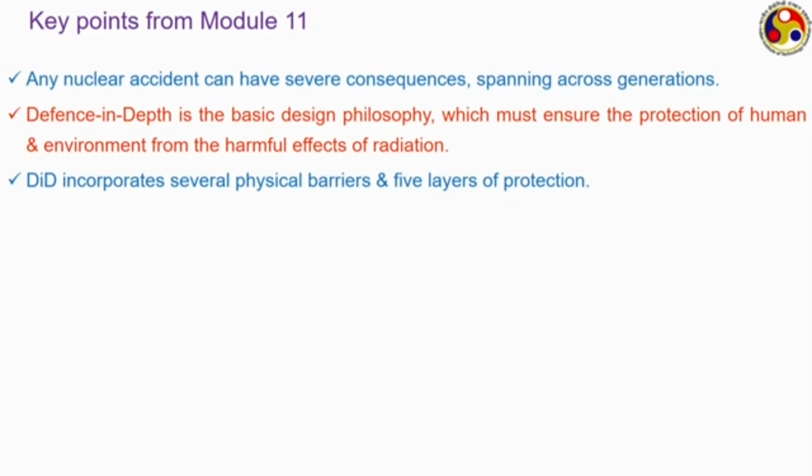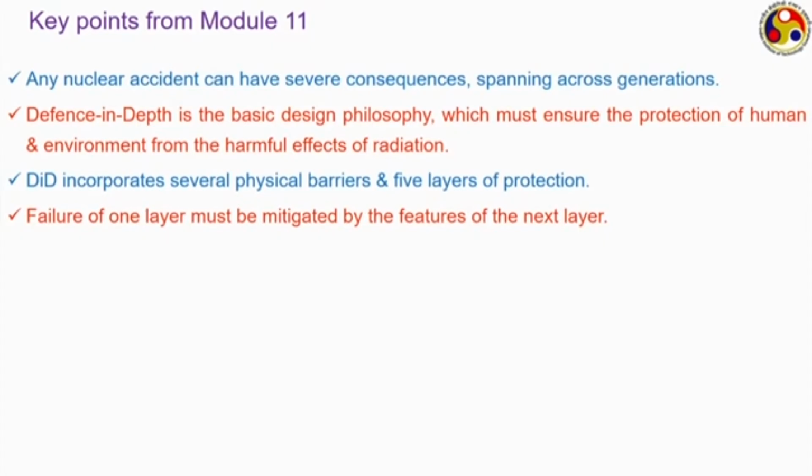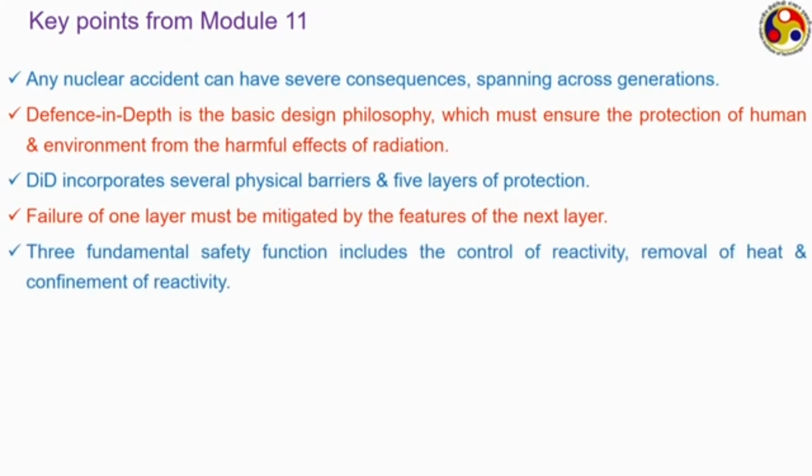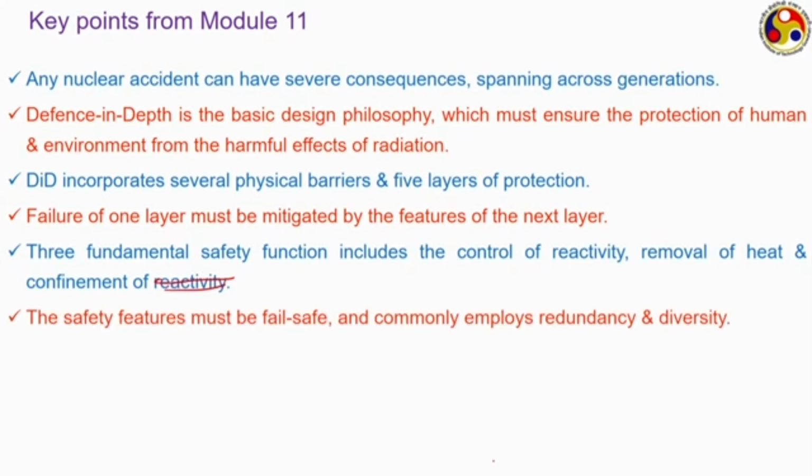The number of physical barriers can be even more, it can be 5 or 6 also, starting from the fuel pellet to the outer containment structure. Failure of one layer of protection must be mitigated by the features of the next layer. 3 fundamental safety functions include the control of reactivity, removal of heat and confinement of radioactivity.